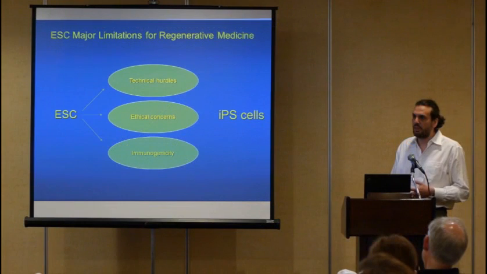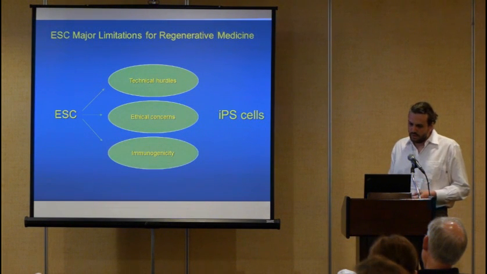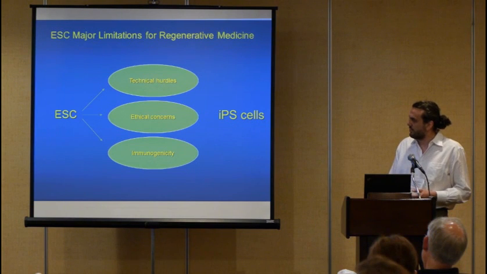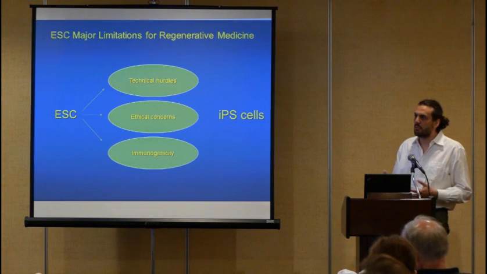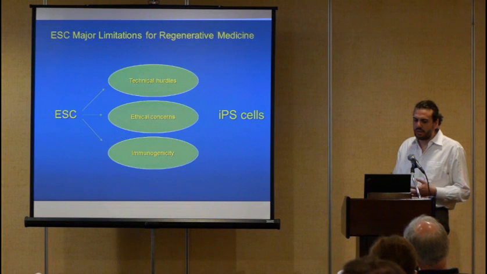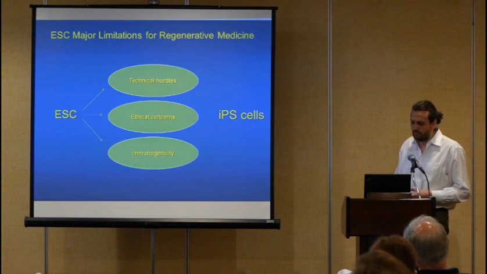There's been a debate raging for years about whether or not we can use human embryonic stem cells, because they're derived from a human embryo, so they entail the destruction of a human embryo. And also there's the immunogenicity issue. As with any cell, if we try to use them for cell therapies, they don't come from the same person, the same organism, because they are embryonic, and we can have immunorejection issues.